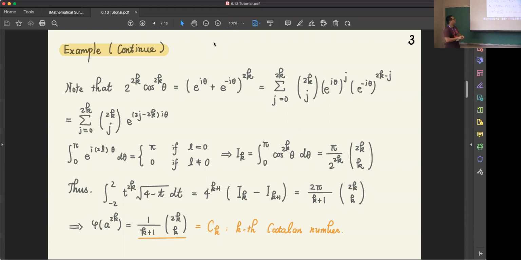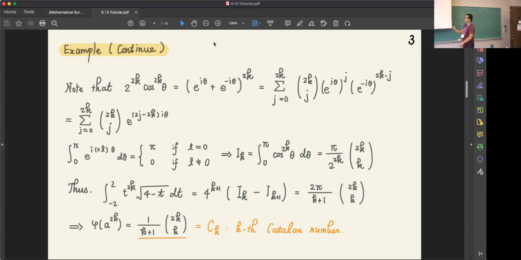We observe that if we focus on this and do the integration from 0 to pi, it only survives when l is equal to 0. And hence, when we solve that form, if we do the integration, only where j equals k will survive. So I_k will be exactly this one, and all other terms will be killed.